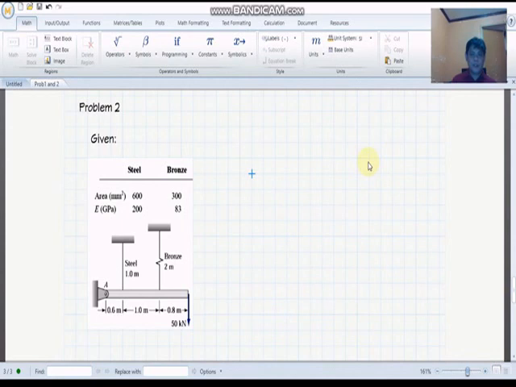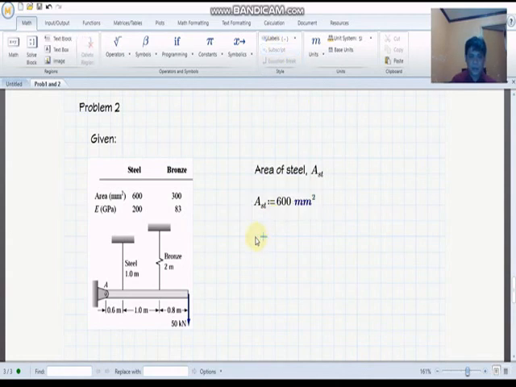So if you are using MATHCAD, your first step is to define the given. So let's start with steel. Let's say the area of steel, represented by A sub ST. From the table, the value of A sub ST is given to be 600 mm squared.